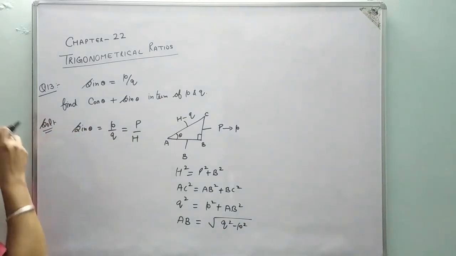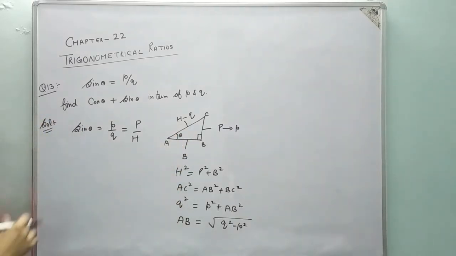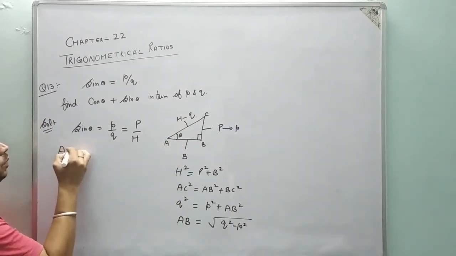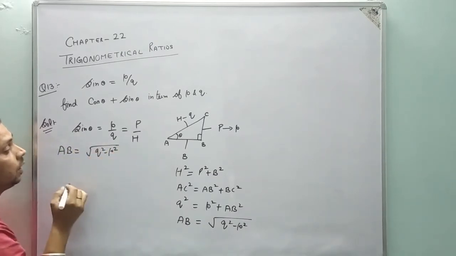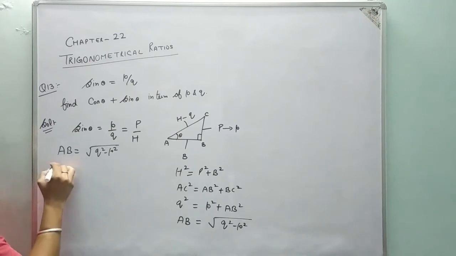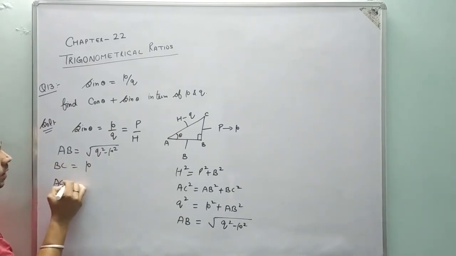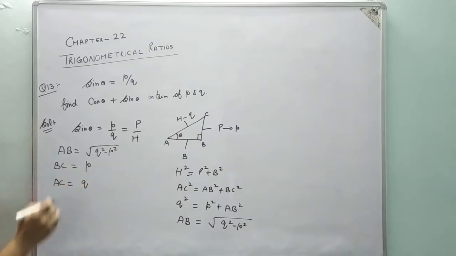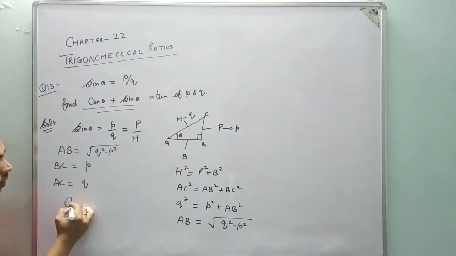Now we have all the values of your base, perpendicular and hypotenuse. AB is equal to square root of Q square minus P square, BC is equal to small p and AC is equal to Q. We have to find the value of cos of theta plus sine of theta. So first we find the value of cos of theta.